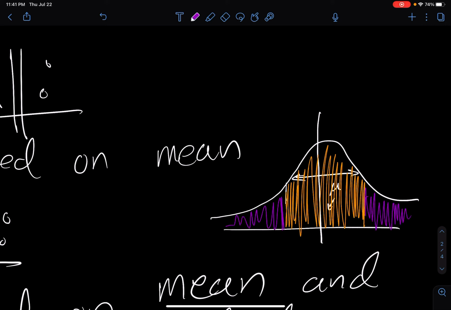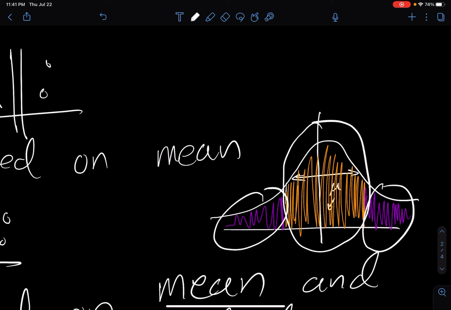You can see that already with this graph, because this orange area, this region right here, takes up a lot more space than these smaller purple regions. So if anyone just walks up, there's a much bigger chance that their height is going to be in this region as opposed to these other regions.